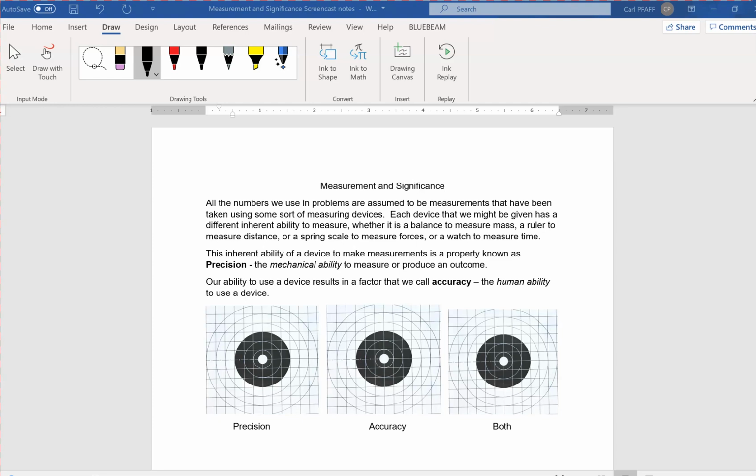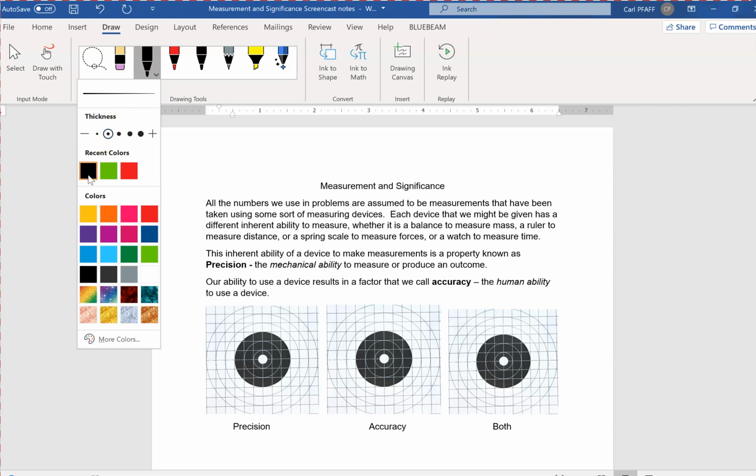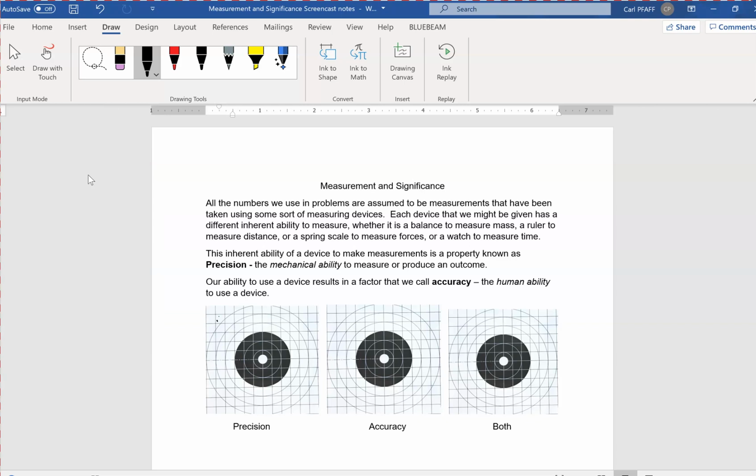Probably the best example with precision and accuracy comes from the field of high-powered rifle shooting. So there are certain rifles that are produced, and you pull them out of the box, and there will be a guarantee that that object will put 3 bullets when fired downrange at 100 yards within a 1-inch square.